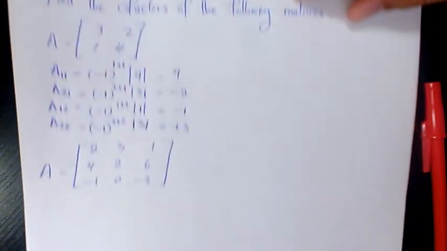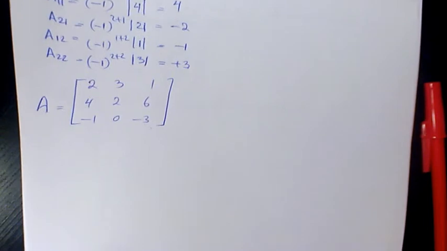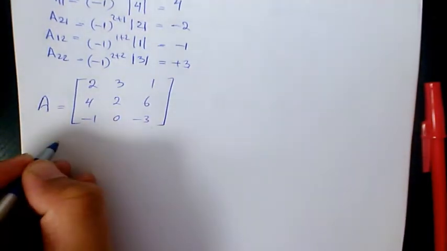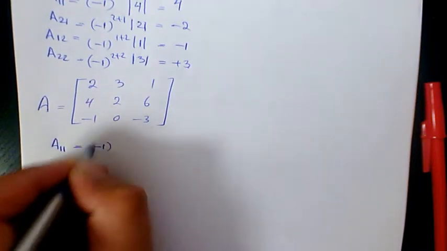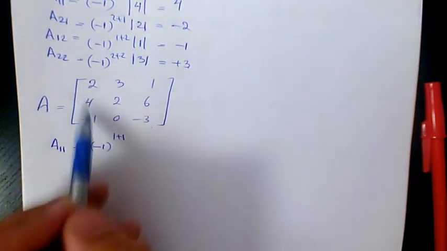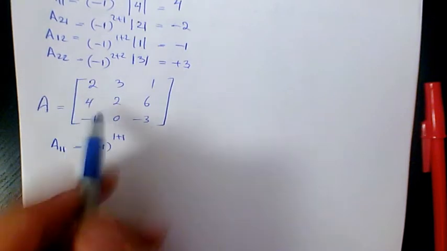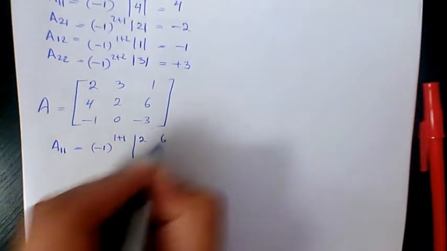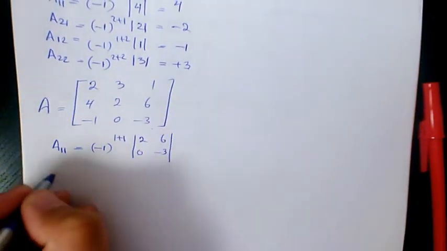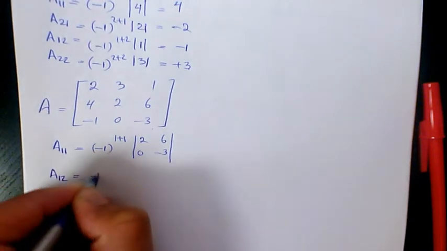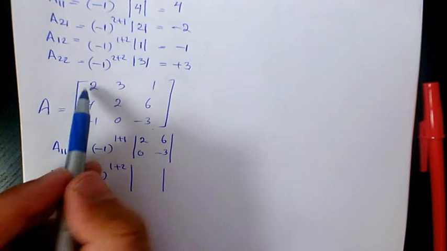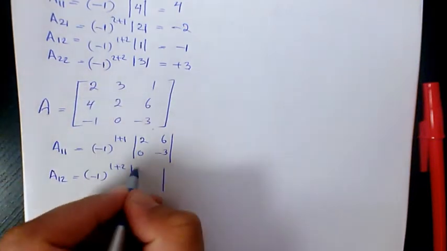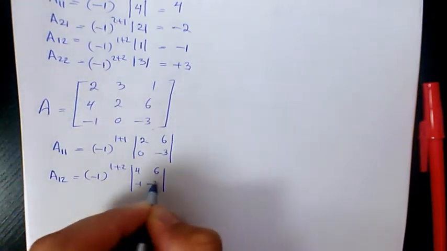Now let's look at the cofactors of the 3 by 3 matrix. So I'm going to say A11 will be -1 to the power of 1 plus 1, removing this row and column, 2, 6, 0, -3. A12, -1 to the power of 1 plus 2, is going to be 4, 6, -1, -3.